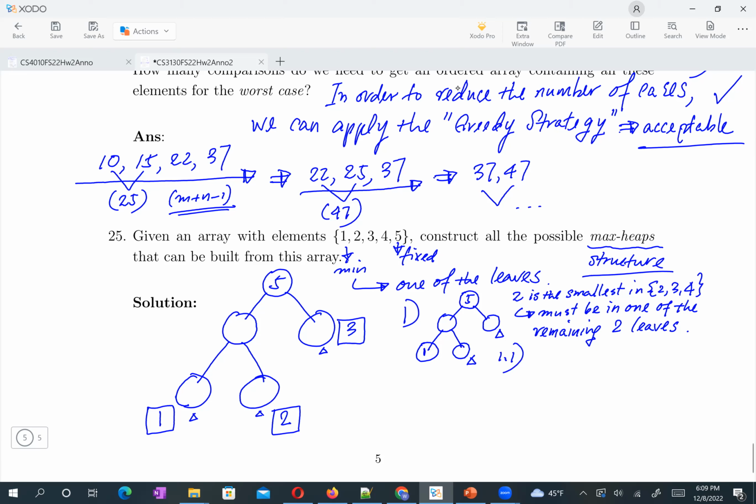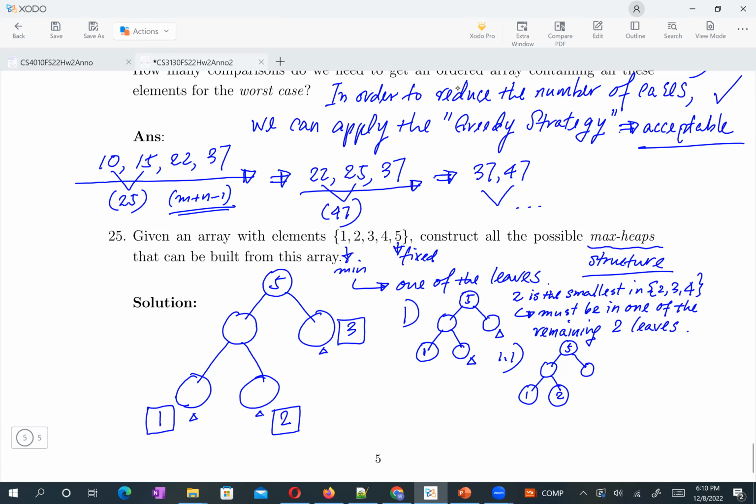So 2 in that location. 5 at the root, 1 here, 2 here. So only 2 elements left, 3 or 4.